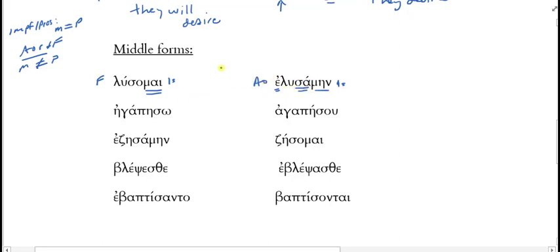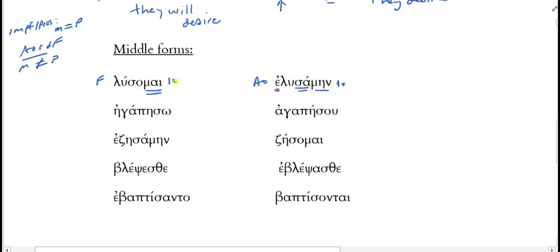All right, so remember, when we're dealing with middle forms and their meanings, all of these forms that we're going to look at do have active forms. So the middle form is going to add the constraint semantically that not only is the subject performing the action, but also is in some way affected by the action.